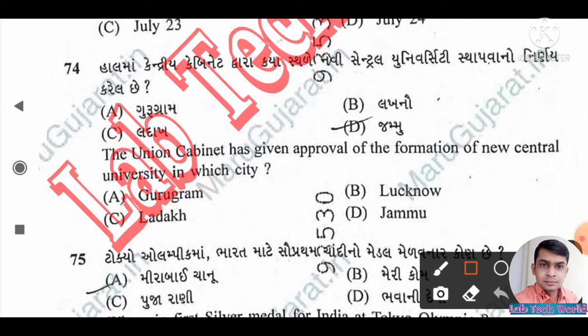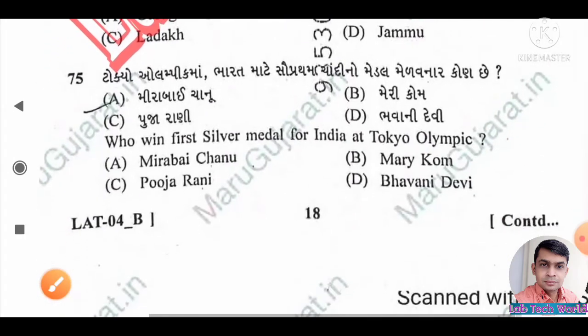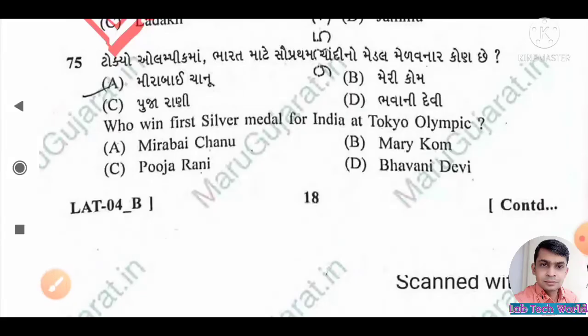The correct answer is C, Ladakh, the place where the new central university is approved by the Union Cabinet. So option C is the correct answer. Move to the next question, number 75.